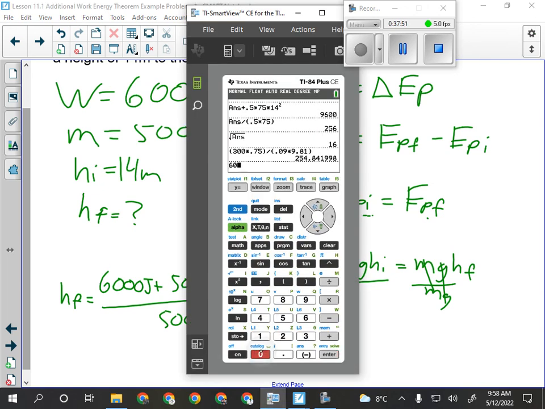So 6,000 plus 500 times 9.81 times 14 divided by 500 times 9.81. Okay, so the top of the building is not very much further. Like it was 1 meter away.